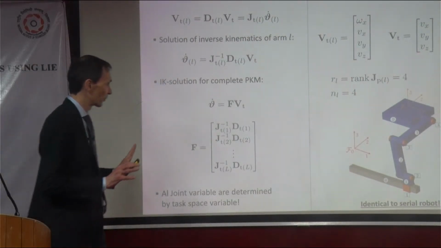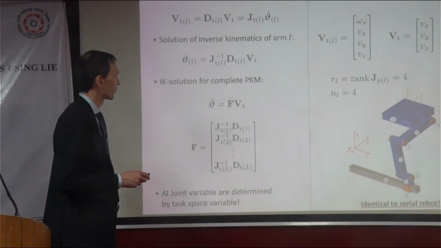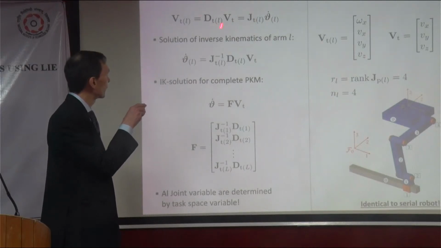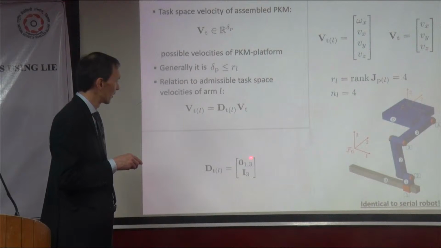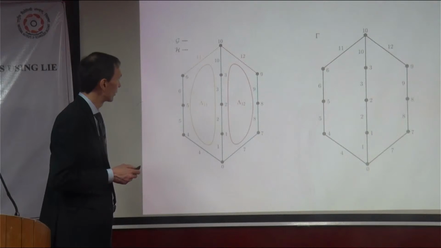So this is the main step behind this approach. And what is important to realize is that this D implicitly formulates the constraints on the platform motion by using the 0. Okay, good. There we go.